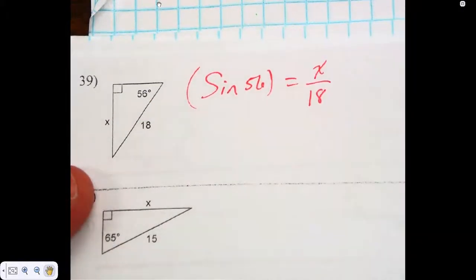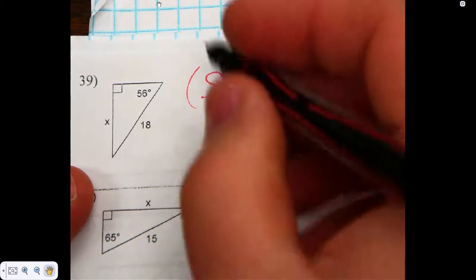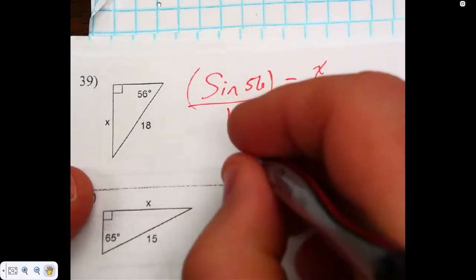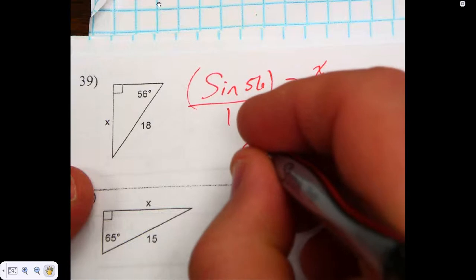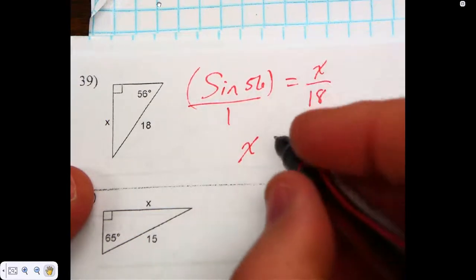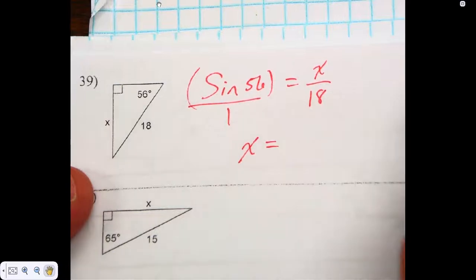That's why we use sine, wasn't it? Where's my unknown? Is it a side or an angle? The side. So what am I going to do? I'm going to cross multiply and solve. What do I get on the left side of the equation? Tell me. X is equal to what?